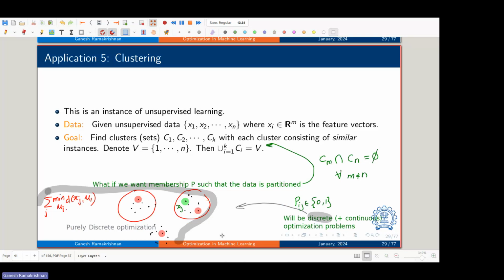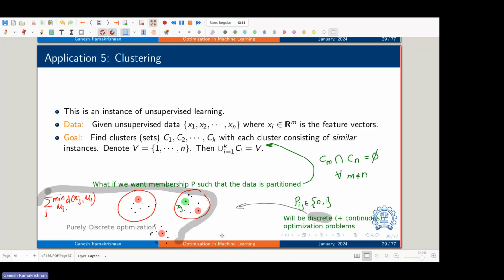Are we only trying to minimize with respect to Pij? Have you missed out something in the objective? You want to minimize with respect to Pij alone, or something else as well? Mu also, right? You want to find the cluster center.